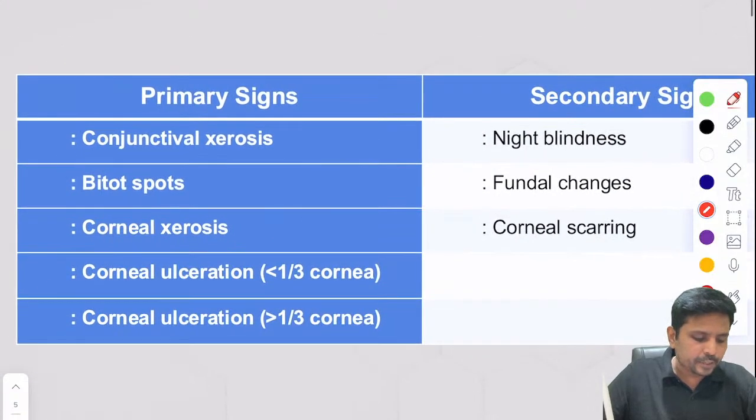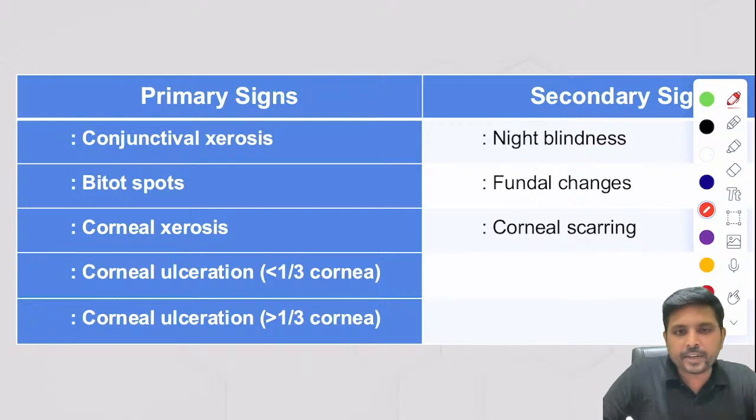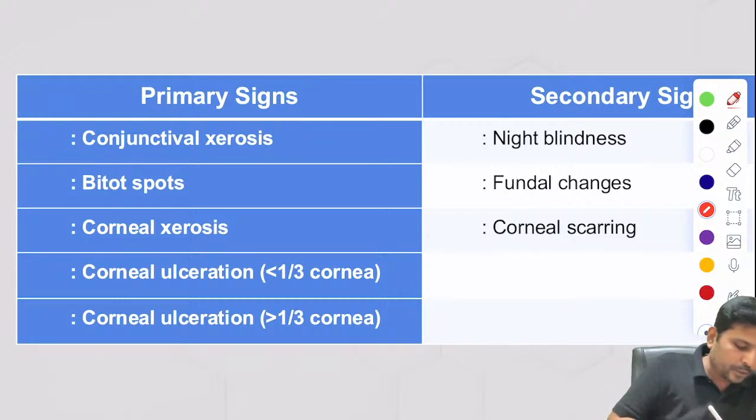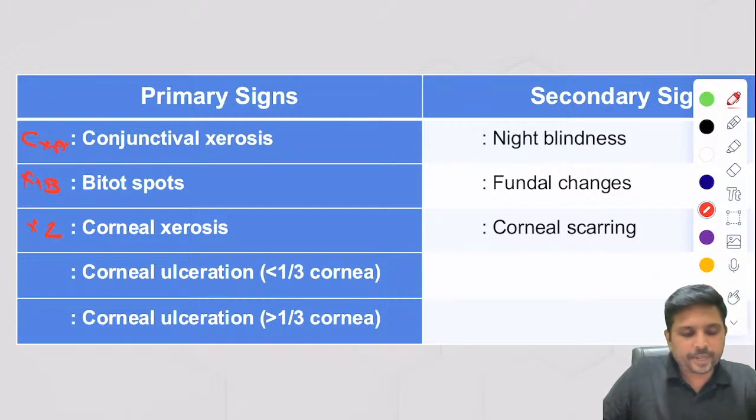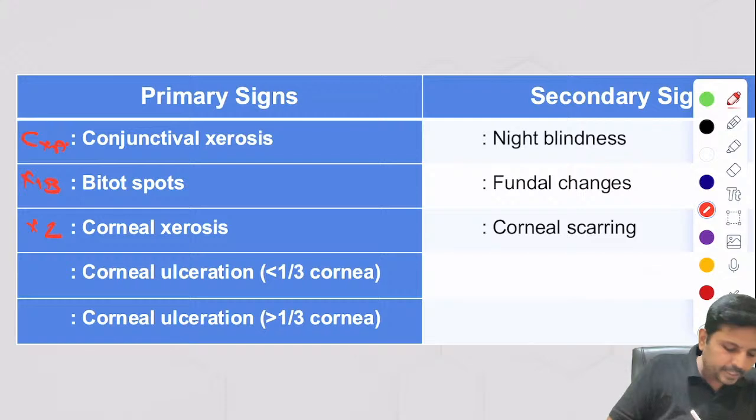Conjunctival xerosis, Bitot spot, corneal xerosis, corneal ulceration, and then corneal ulceration of more than one third. These are the various stages: conjunctival xerosis is X1A, Bitot spot is X1B, corneal xerosis is X2, corneal ulceration is X3A, and corneal ulceration of more than one third is X3B.